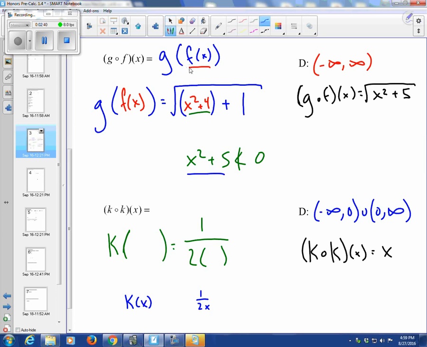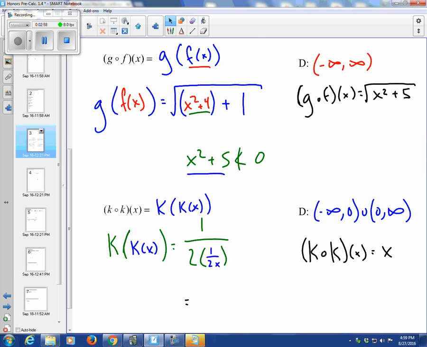And then right here, when we plug k of x into k, we take this, the k of x equals 1 over 2x. So when we plug k of x into k, we're plugging that 1 over 2x into the k function, right?